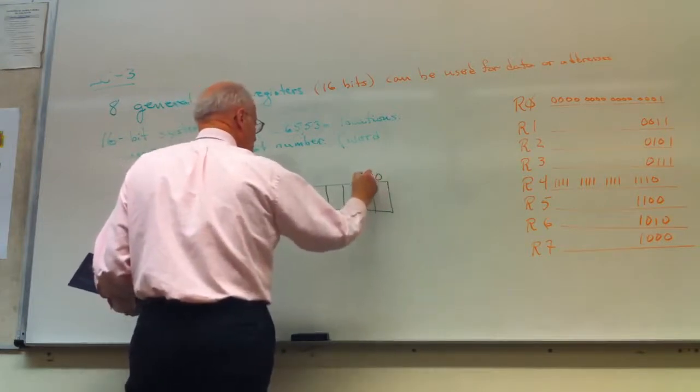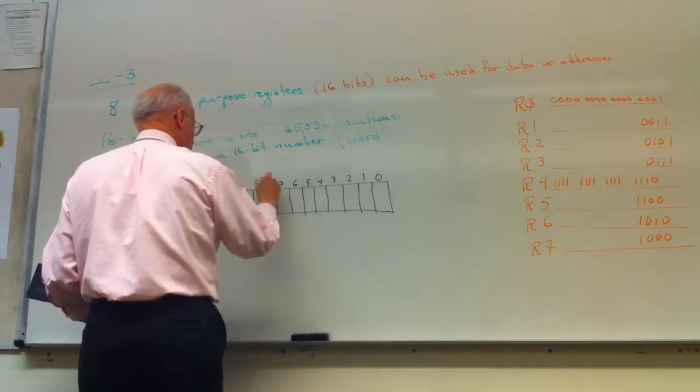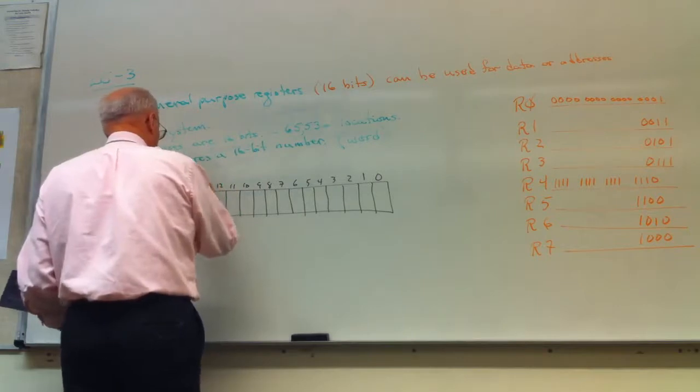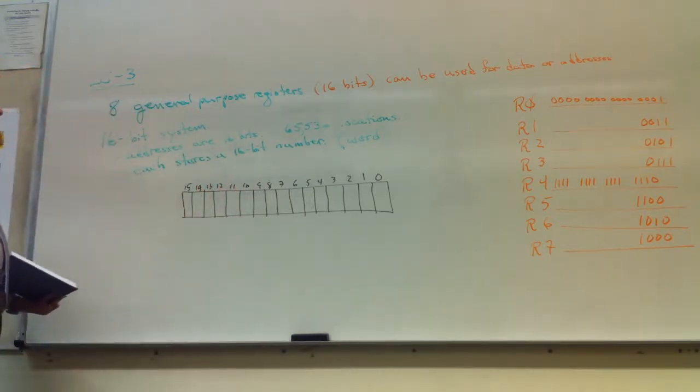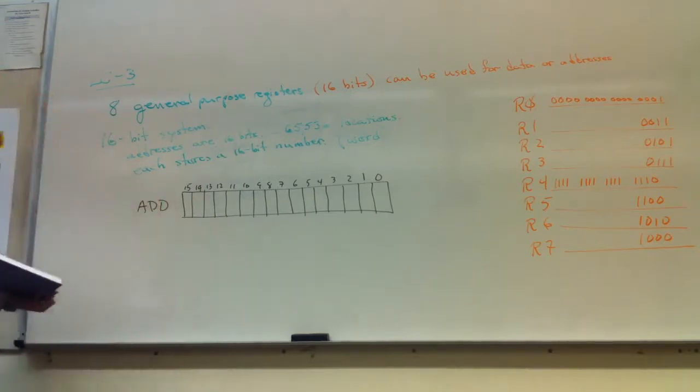The bits are numbered 0, 1, 2, 3, 4, 5, 6, 7, 8, 9, 10, 11, 12, 13, 14, and 15. We're going to look in particular at an add instruction.